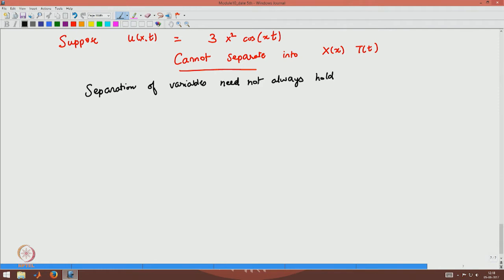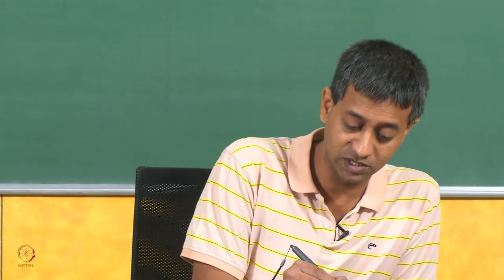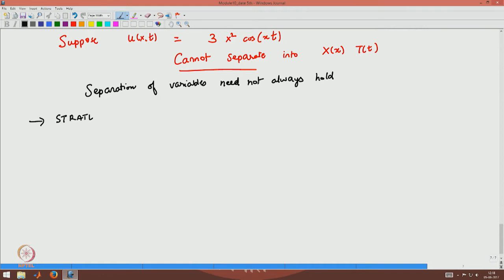So how do you know whether you can separate the variables for an equation or not? Our strategy is to look for separable solutions. There might be other solutions which are not separable, but we will look only for separable solutions.